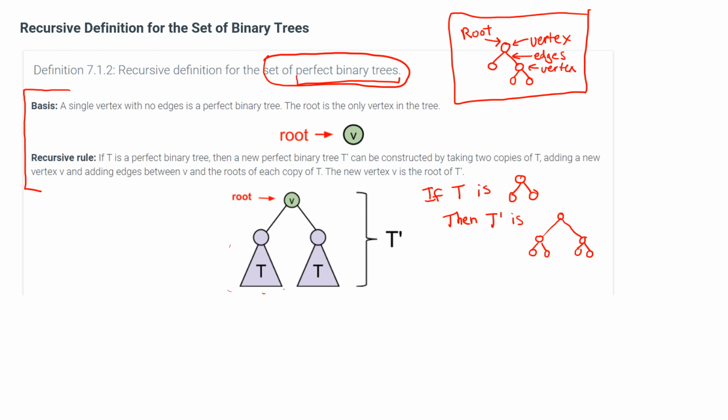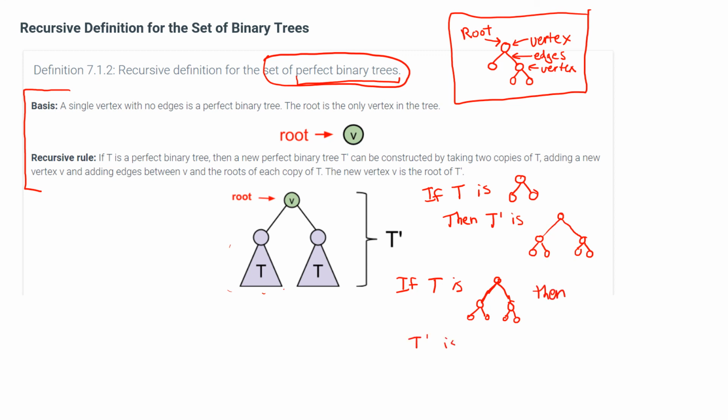Let's say if T is this, and that is a perfect tree because we just made it using those rules above there, then what would T prime look like?